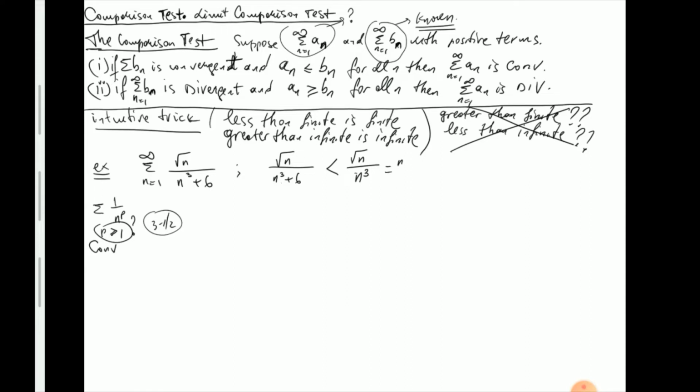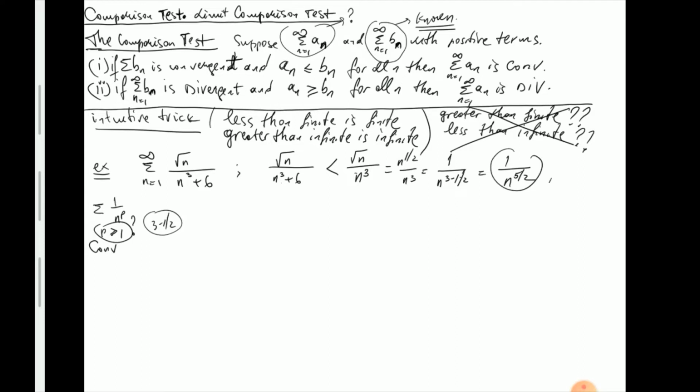Now if I actually simplify this, n to the 1/2 from the top, you're left with 1 over n to the 3 minus 1/2. That gives me 1 over n to the power 5 over 2. So now I have a clear instance of the first part of the comparison test.